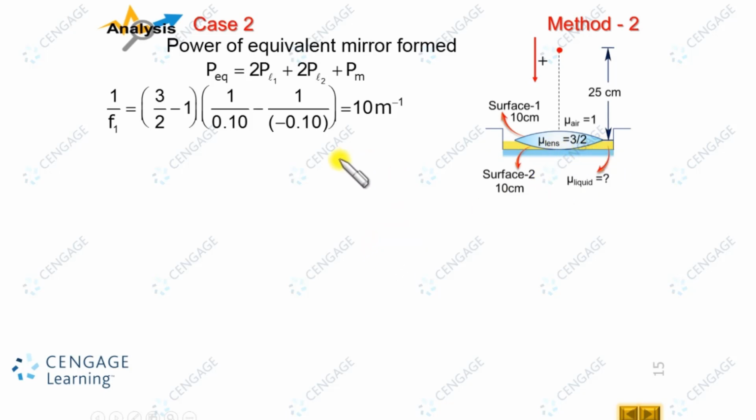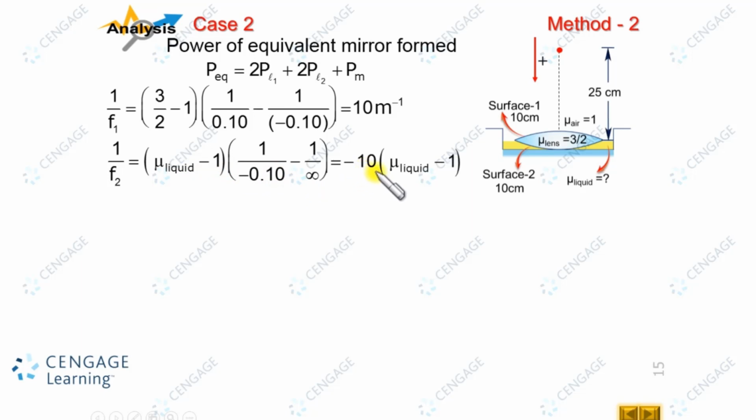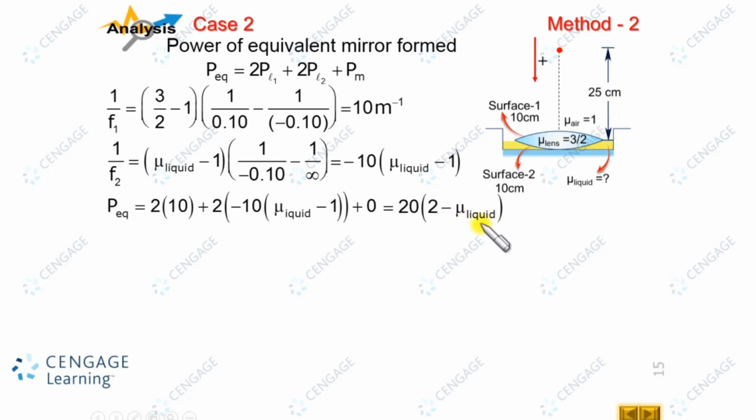This is equal to 1 upon f2, and here the unknown is mu liquid. So we can write like this. Okay, so we can get the value minus 10 (mu liquid minus 1). Now we can substitute this value in this equation to get the equivalent power, right? So here the equivalent power after calculation is equal to 22 minus mu liquid.